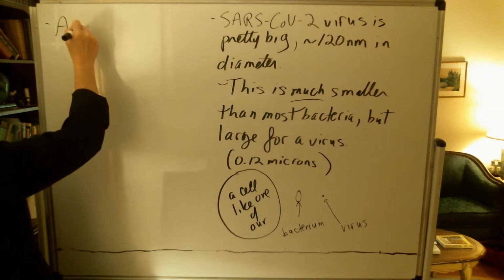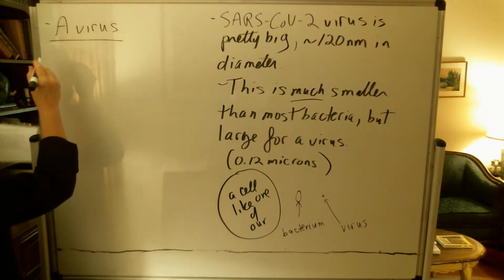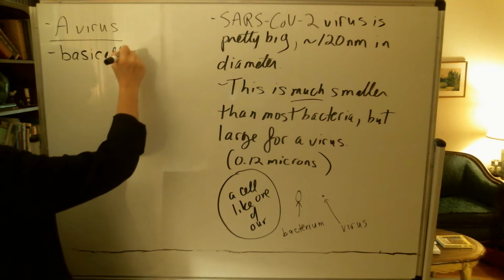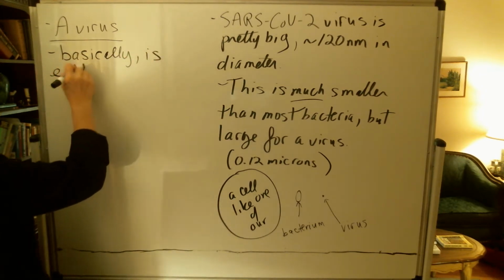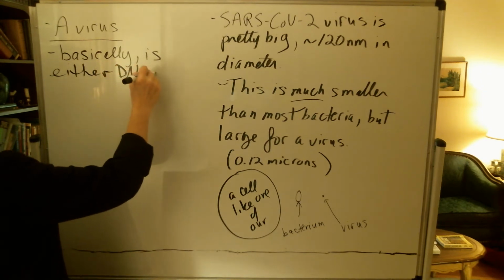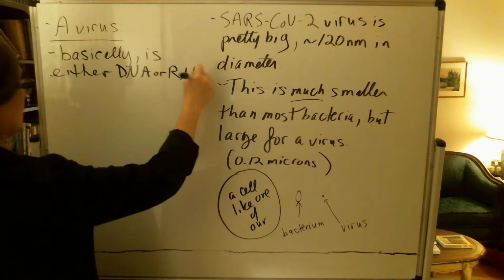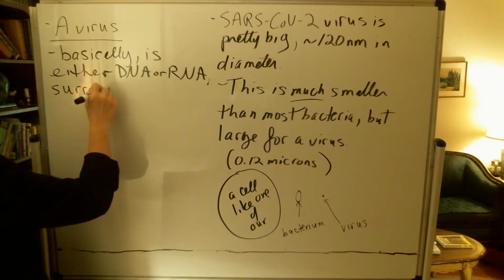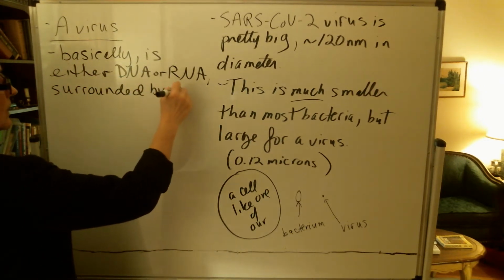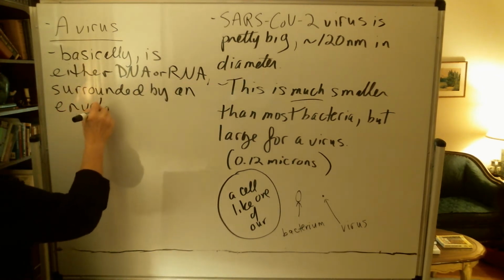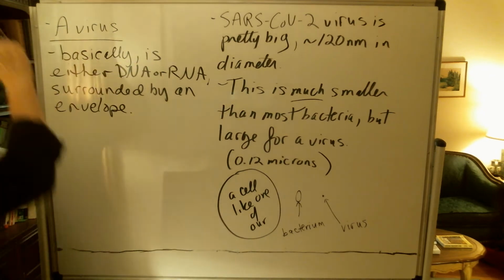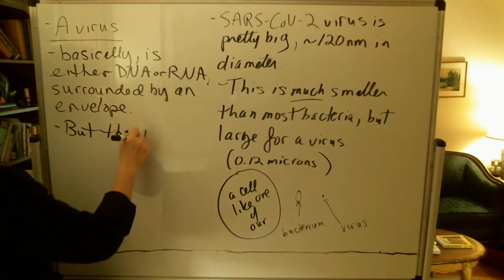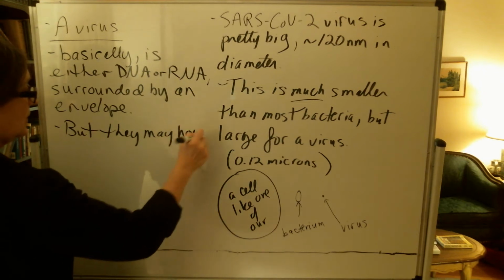So a virus basically is either DNA or RNA surrounded by an envelope, something basically around its outside. But they may have other features as well.